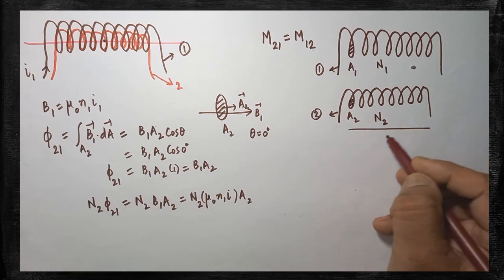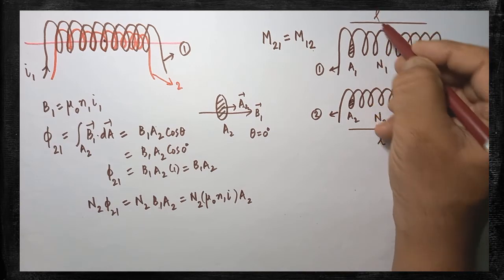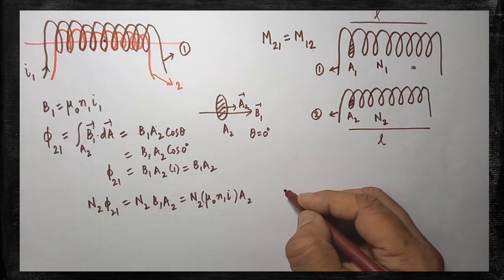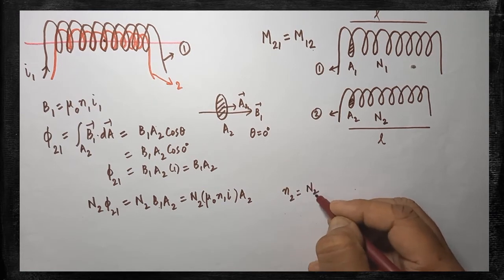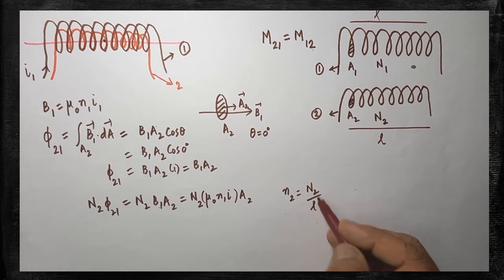Here, the length of this portion is L. Both the lengths are the same. The length of the first coil and the length of the second coil are both the same. We know very well that small n2 is equal to N2 divided by L. What is n2? Number of turns per unit length. What is n2? Tell me. Number of turns per unit length is called n2.